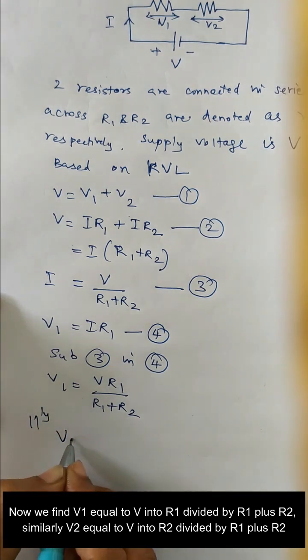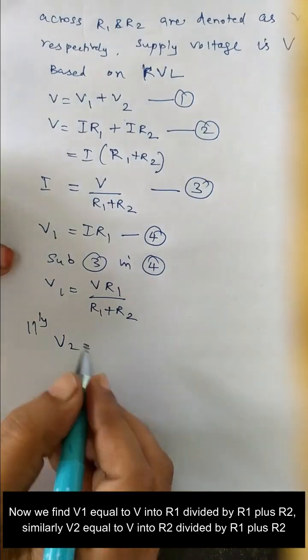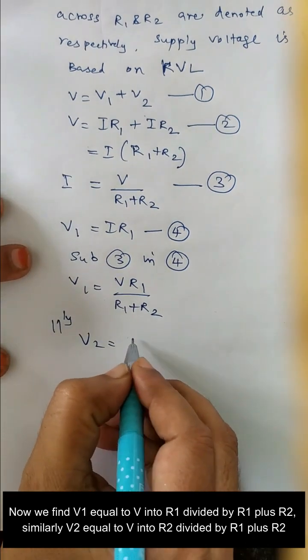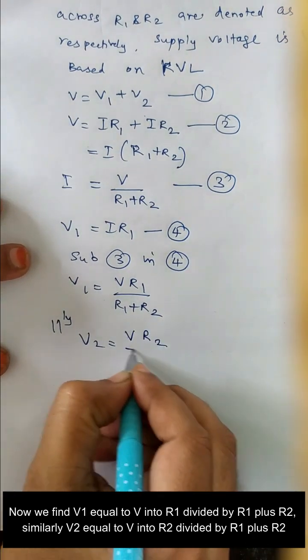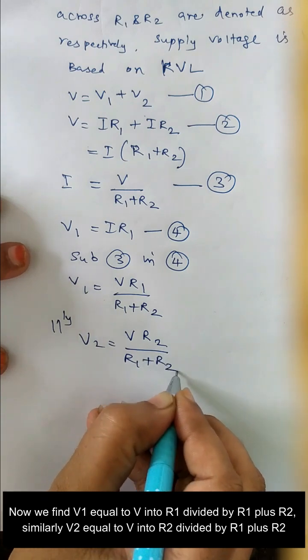Similarly, V2 equal to V into R2 divided by R1 plus R2.